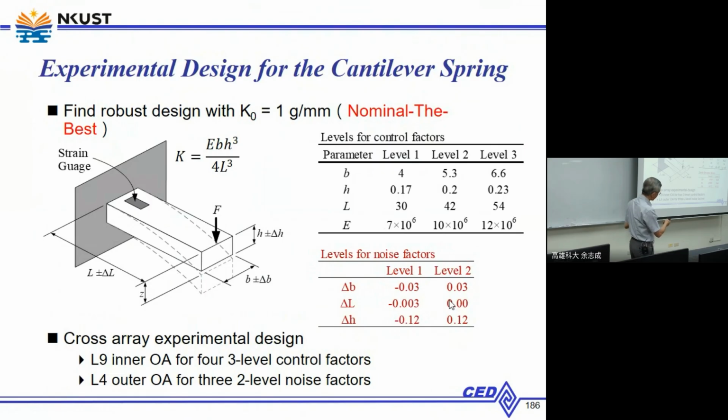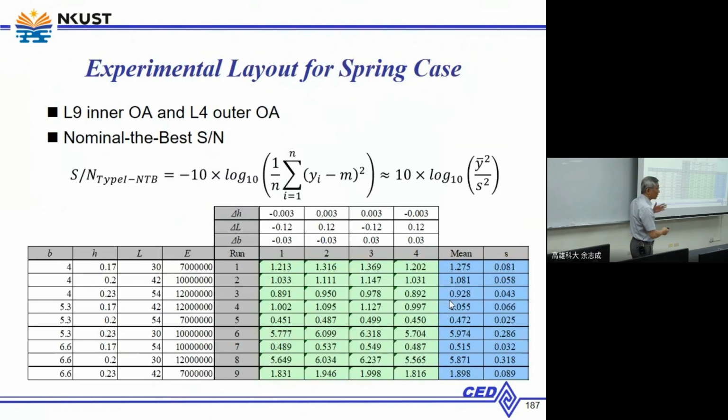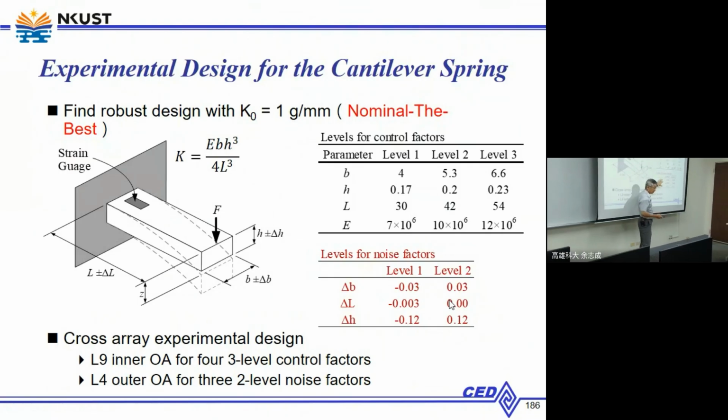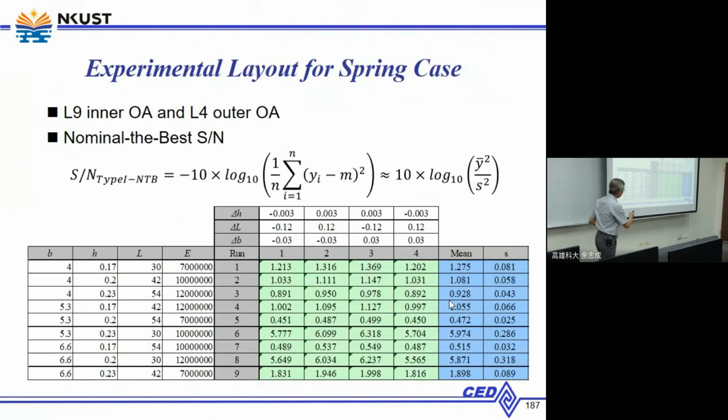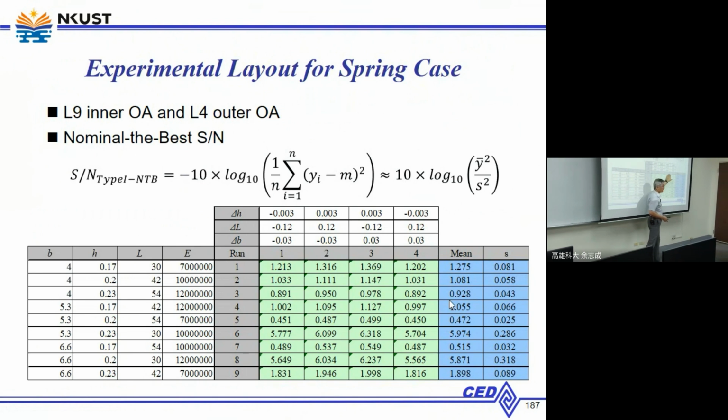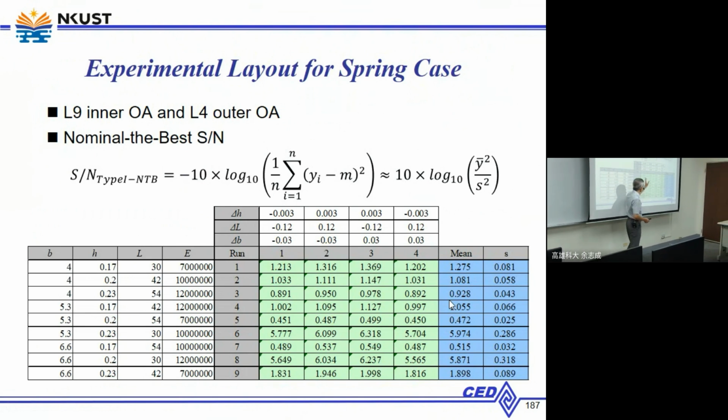so this is the noise level, which is the 3 noise factors in this example, only 3. So we are using this L9 and L4 cross array experiment, since only 3 noise factors can fit in L4, because it can accommodate 3 noise factors maximally.